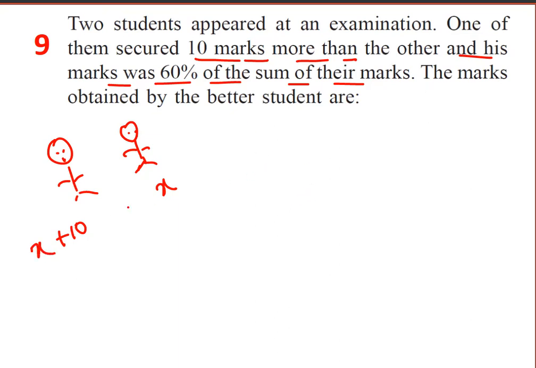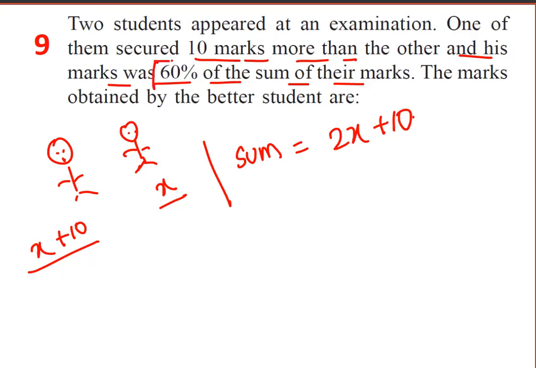Okay, so if this is x, this is x plus 10, right? And the sum of their marks, what will be the sum of their marks? The sum of their marks will be 2x plus 10. Okay, and this is 60% of the sum of their marks, right?